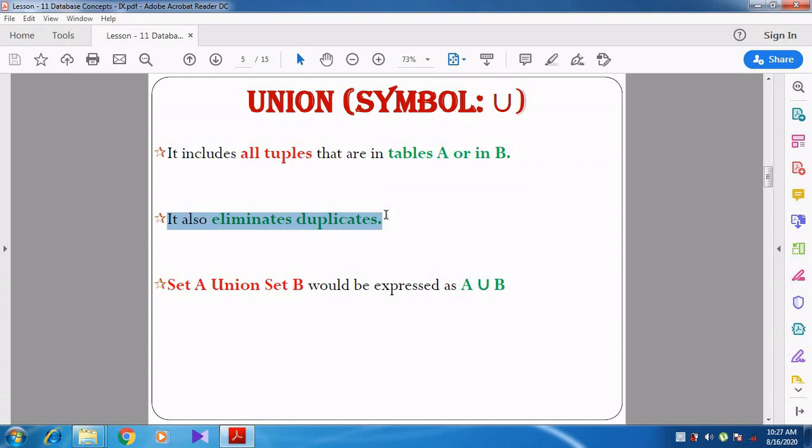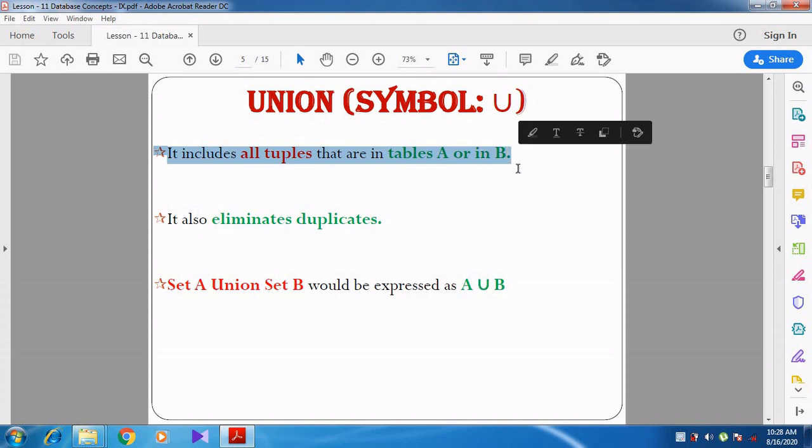For example, if there are some tuples common to table A and table B, the common elements will not be repeated 2 times. So it includes all the tuples that are in table A or in table B, and it eliminates the duplicates.